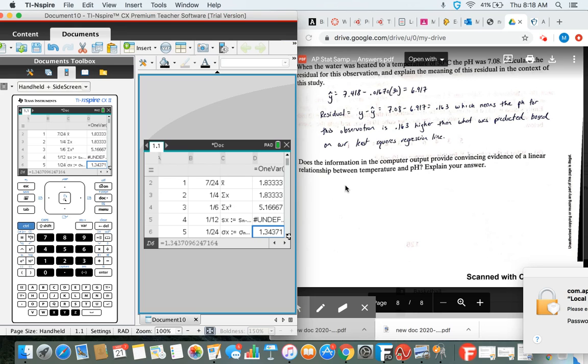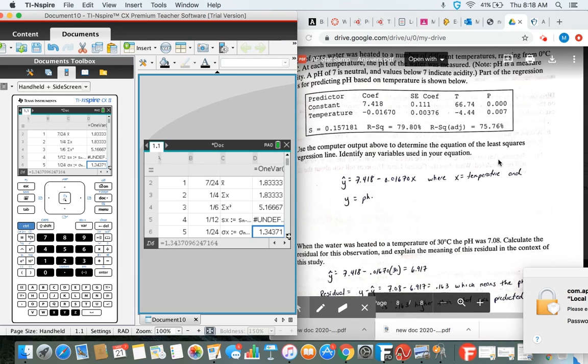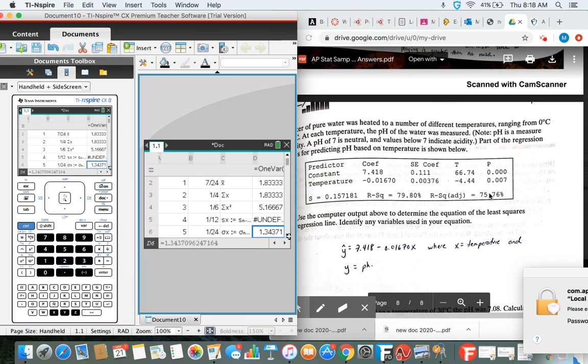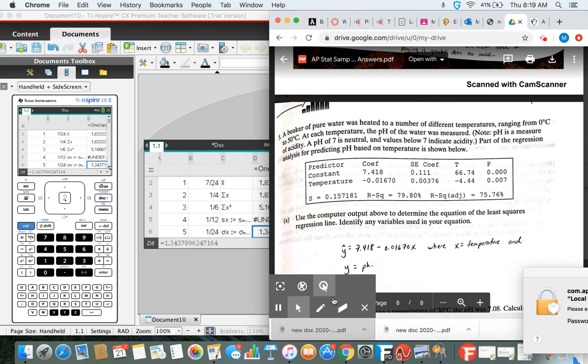And it's basically allowed us to do inference for linear regression. So inference, whether it would be confidence intervals, whether it be significance tests. So that's what this one's kind of alluding to here. When you see convincing evidence, you know you should have to do a significance test. Here, we didn't have to do the entirety of the test because this computer output gives us the p-value, and that p-value is the 0.007.